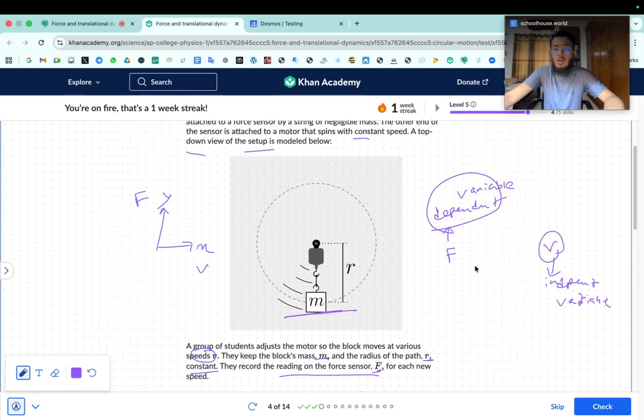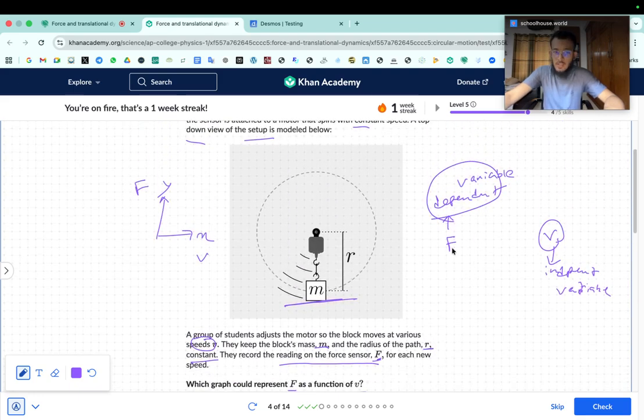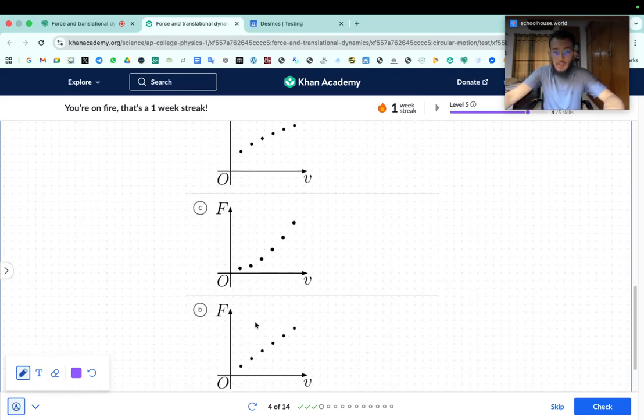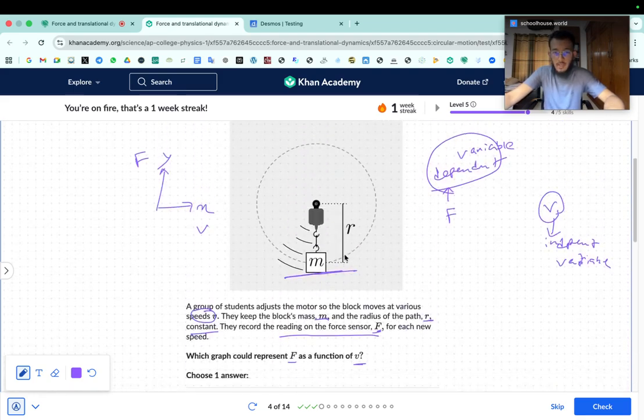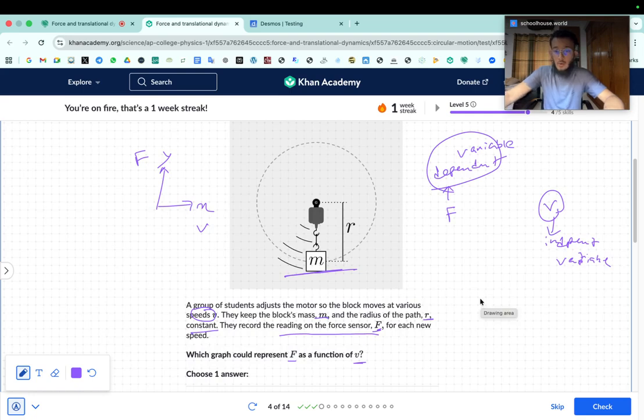They record the reading of the force for each new speed. Which graph could represent F as a function of v? So now we need to know the relation between F and v in order to understand what kind of graph we can expect. In a circular motion, the centripetal acceleration is given by v squared divided by r. And from Newton's second law, F equals ma, the acceleration.